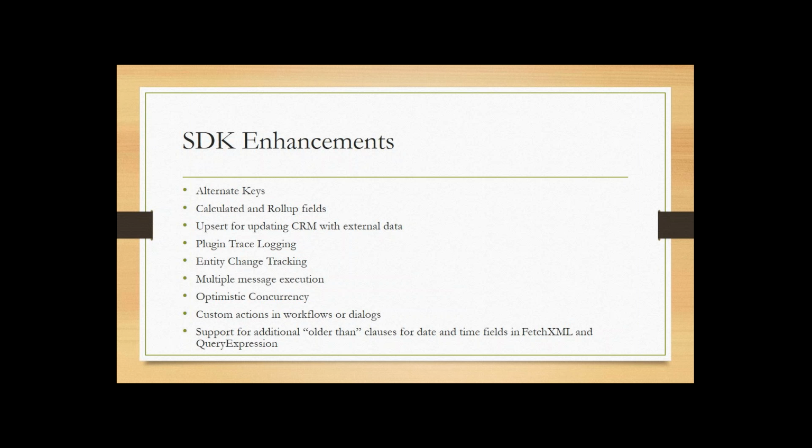But in this release of CRM, support for the older-than clause has been added in FetchXML and QueryExpression. That will help us to find records using granular levels like older than X minutes, older than X hours, older than X days, older than X weeks, older than X years.